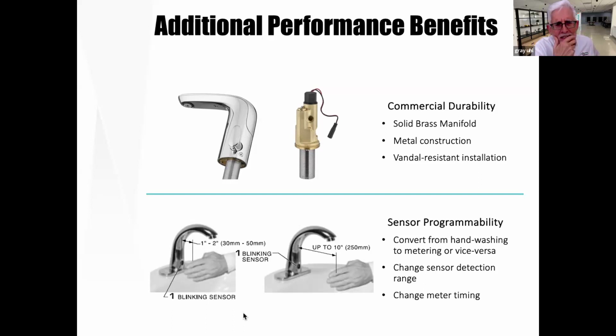Some of the benefits I talked about: you want to look for good construction, because these are public spaces. So brass construction, of course, is the right way to go. Metal construction in general. Look for features that help it be vandal resistant. I know nothing is vandal proof, but whatever we can do to make it vandal resistant. And then I talked about how electronics has come into this world.